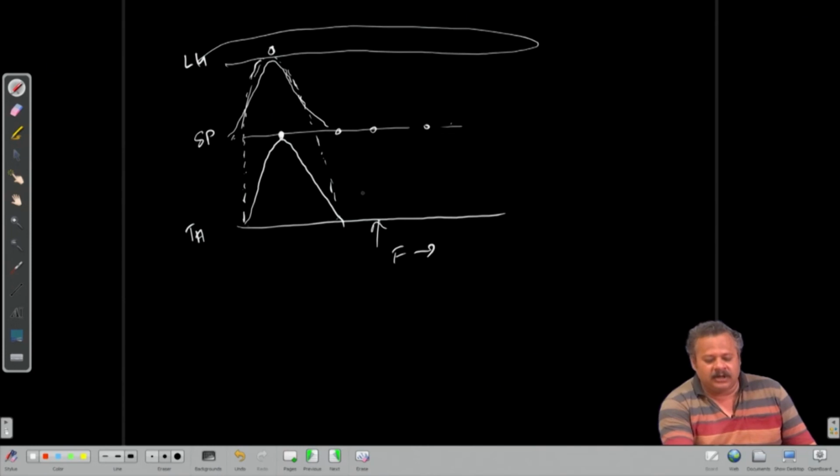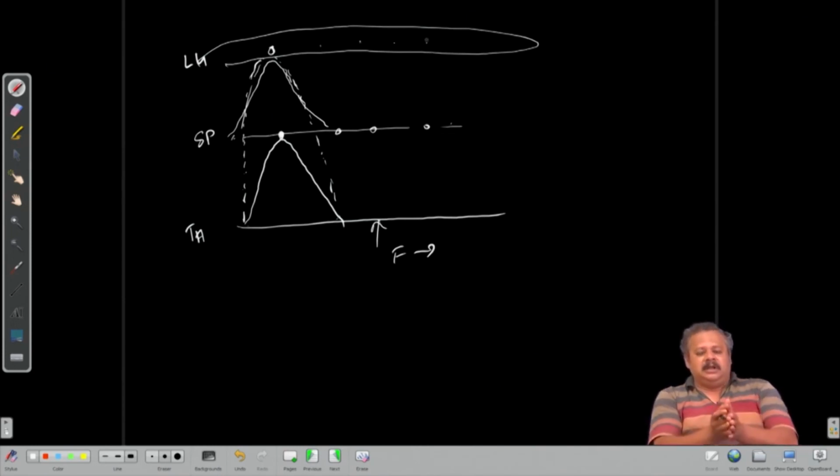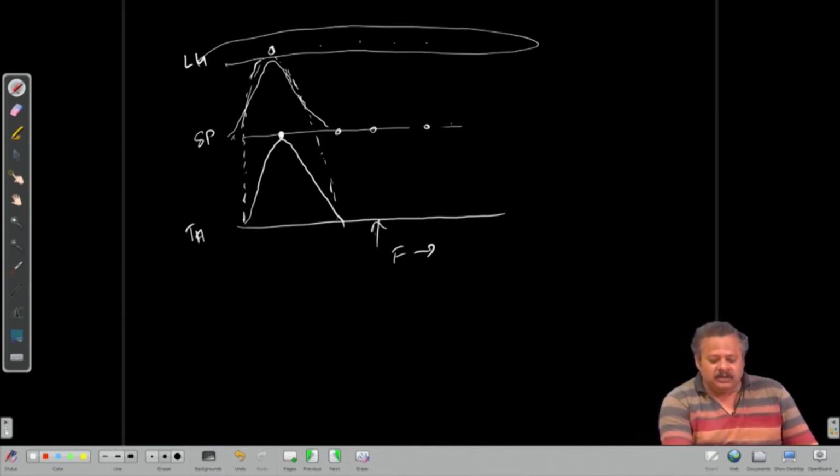So, if you have one particular frequency, you will find that neurons in layer 4 in a wider range become more selective to the exposed frequency, which is this f naught.